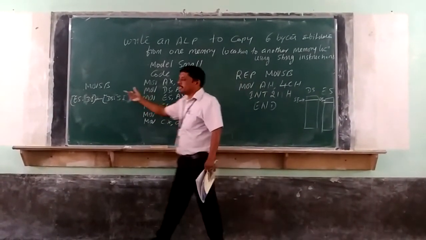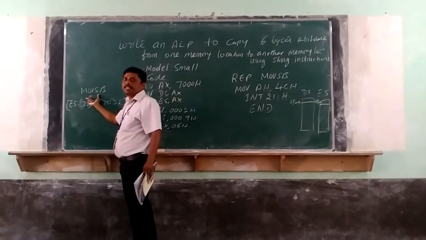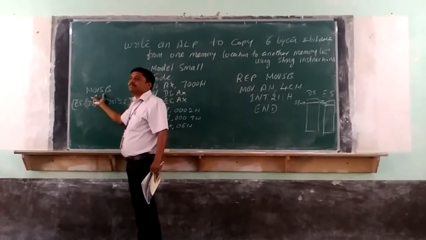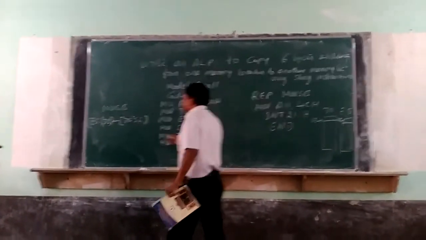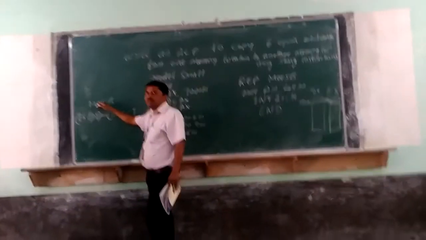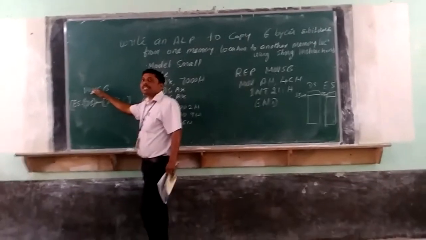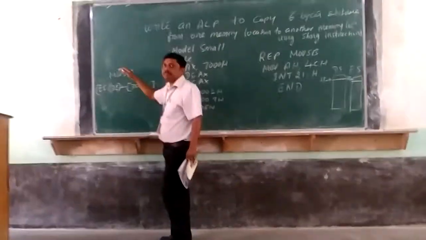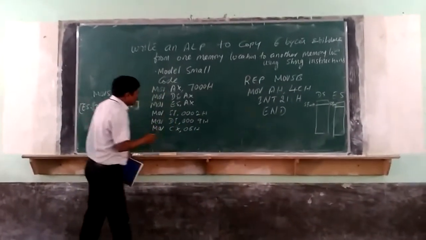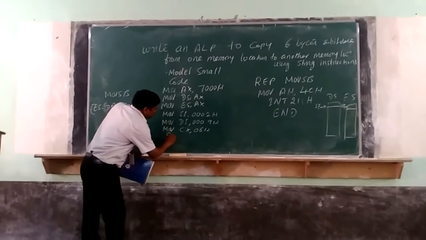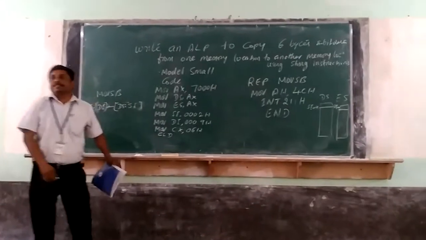It will repeat this MOVSB instruction till CX becomes 0. So not only transferring the data, it is going to auto increment or auto decrement depending upon the direction flag. So before this MOVSB, you have to use CLD, clear direction flag.